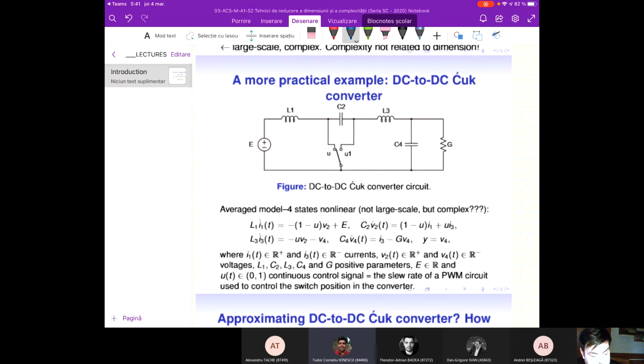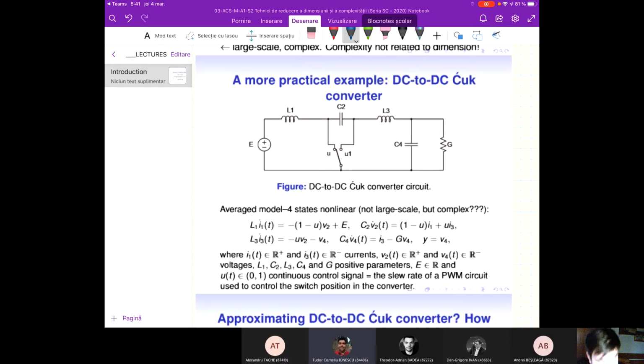This is an average model of 4 states, nonlinear, not large scale, but it can be quite complex. Here you have the 4 equations that govern this model. This model is also present in one of the papers you have to study for the exam, where nonlinear model reduction is performed and some interesting results have emerged.